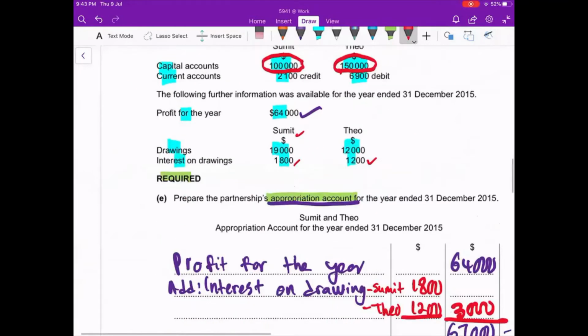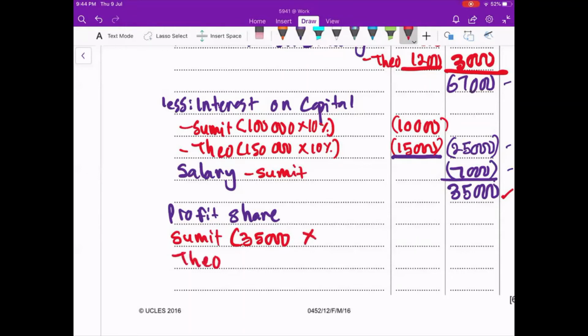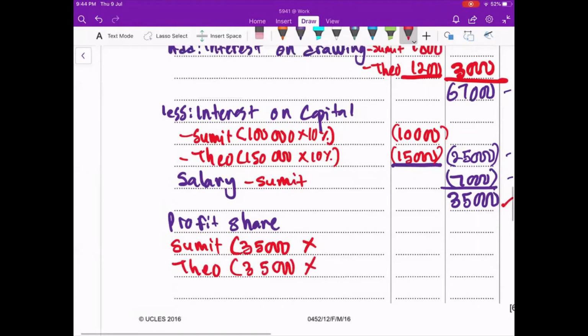So I go here, I show my calculation for profit share. Since I want to show the calculation, so I write down here, Sumit will get, I'll take the residual profit, 35,000 times with, okay, how much? Wait, let me do this for Theo also. Theo also 35,000 times with, okay, can we check their portion?